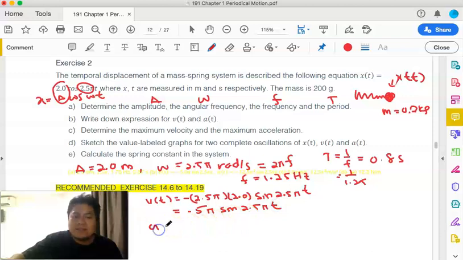And then the acceleration as a function of time is negative omega squared A cos omega t, because omega is squared, times 2.